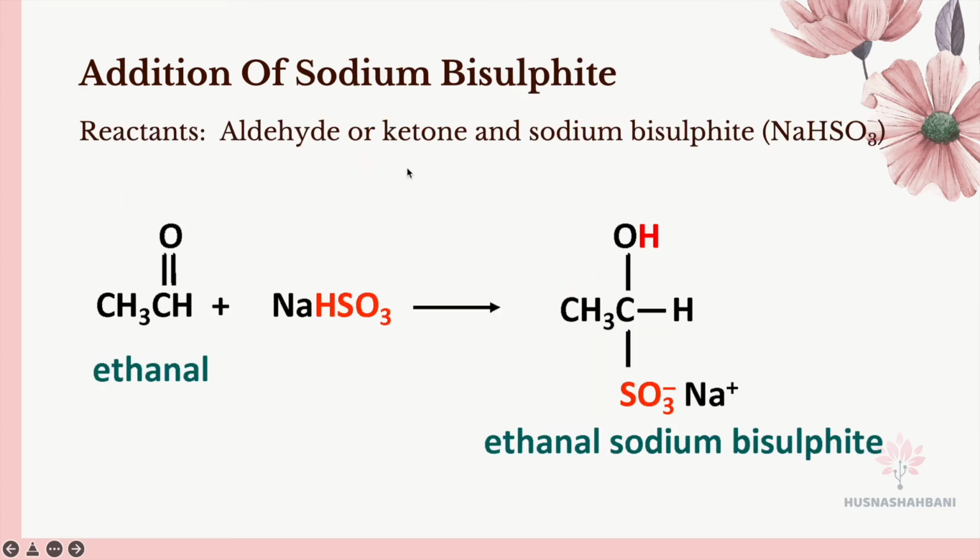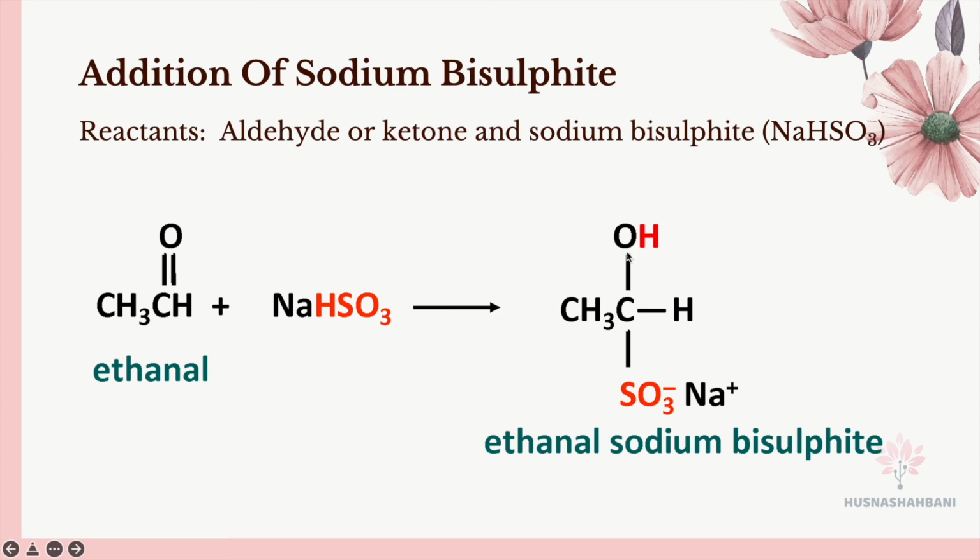Addition of sodium bisulphite. Reactants can be aldehyde or ketone and sodium bisulphite, NaHSO3. This is sodium bisulphite. So for example, here we have aldehyde reacts with sodium bisulphite. The C double bond O will become COH.